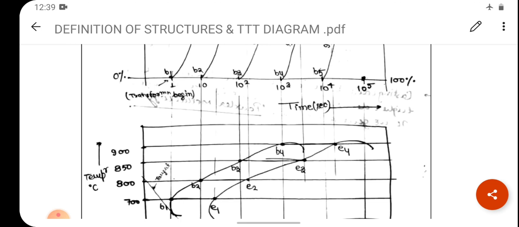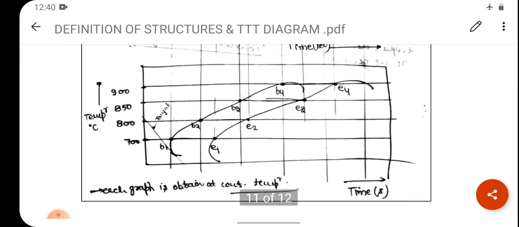So this is also known as the S curve. So the TTT diagram is known as the S curve, C curve or TTT diagram. Clear? Each graph is obtained at constant temperature. Whatever graph we obtained, we obtained at constant temperature, isothermal transformation. So this will be more clear to you.